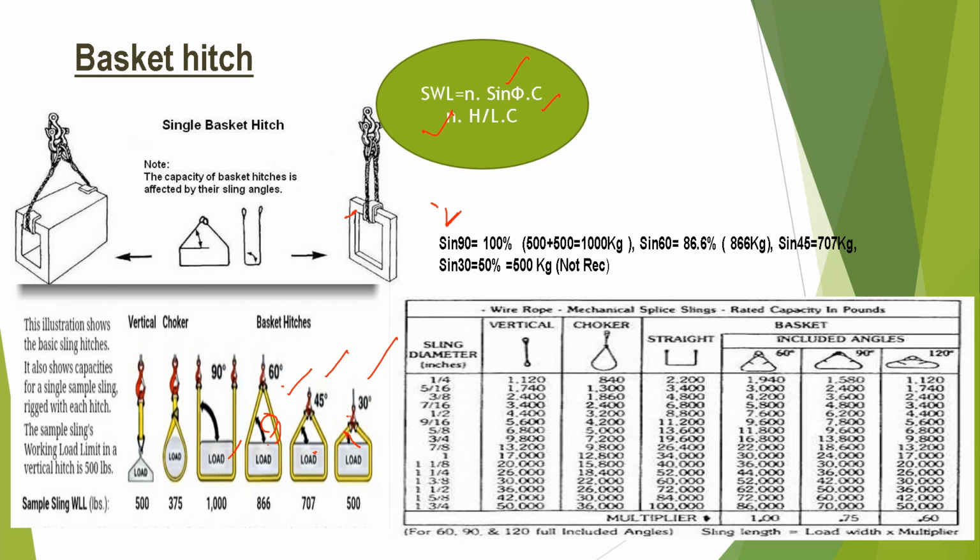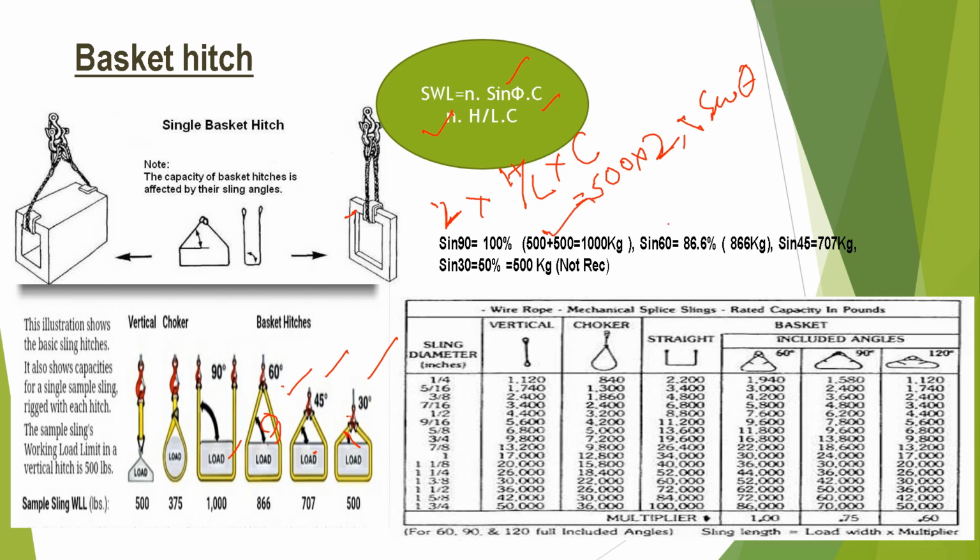So 2 into sine theta, that is h by l, height by length, into capacity. Here the capacity is 500, so 2 will give 1000, but this varies as per sine angle. For 90 degrees, sine 90 degrees, that is h by l, is 100%. That is 500 plus 500, total 1000 kg.